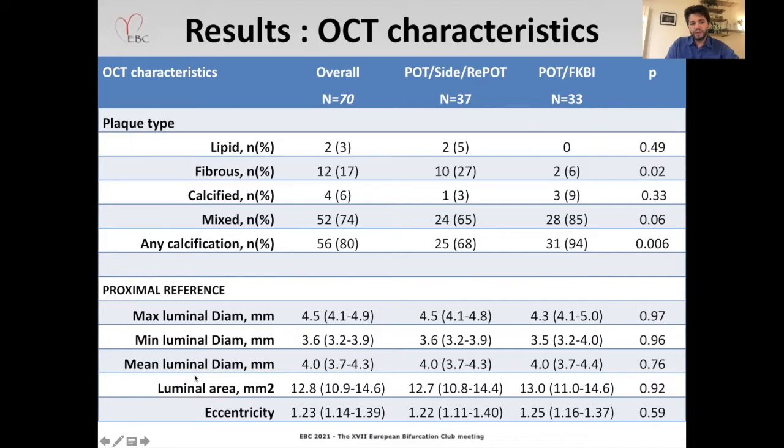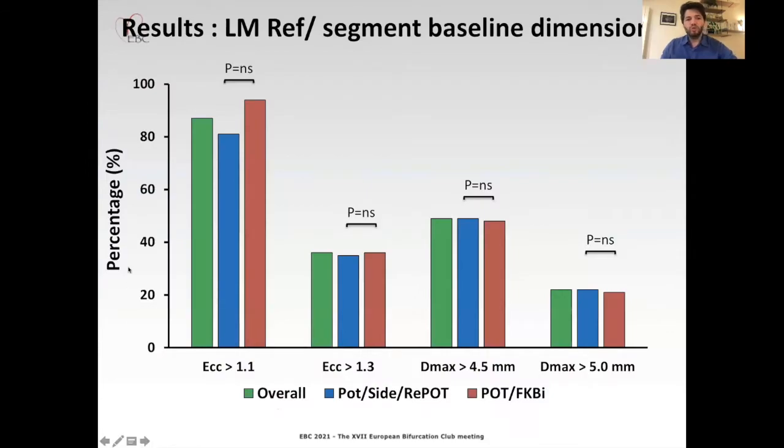There was no difference in the baseline luminal area on the proximal reference segments, and moreover, no difference in terms of baseline eccentricity. This slide shows you the eccentricity and maximal luminal diameters in our patients, and you see that more than 80% of our patients had a significant eccentricity at baseline, and around 1/3 of patients presented a marked eccentricity with a ratio over 1.3.